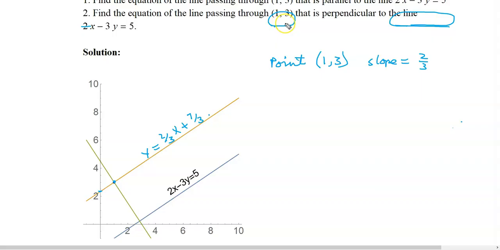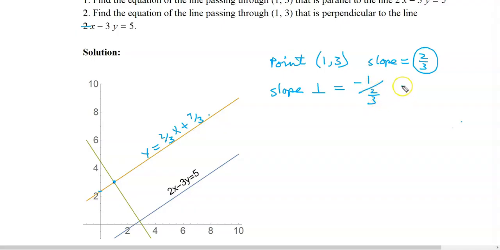Now to find the equation of the perpendicular line, let's notice that the slope of the line that we're given, we already found to be 2/3. So therefore the slope of the line that we want is going to be the negative reciprocal of this, so negative 1 over 2/3.